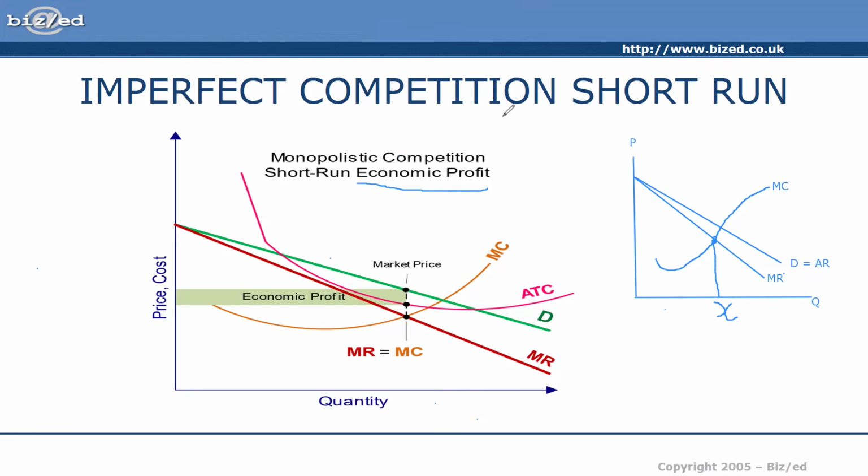So if I was to draw my average cost curve like this, for example, let's write that over. That's a terrible average cost curve, but to serve its purpose, I am looking at when I produce X, my average cost is here, at this point here.